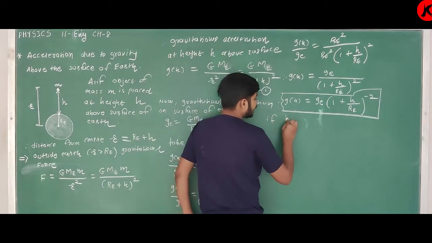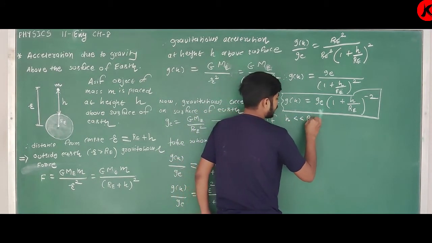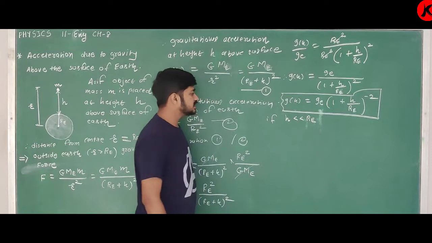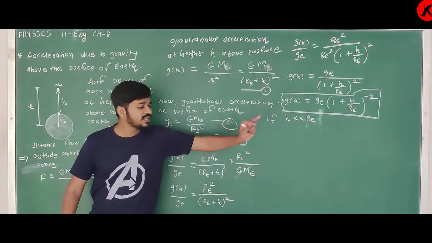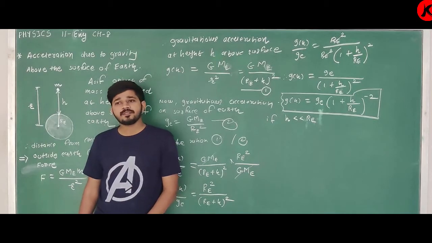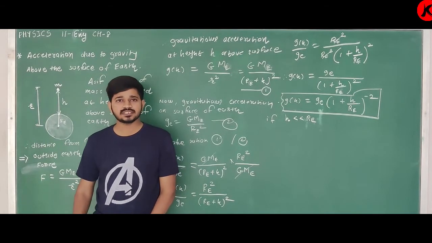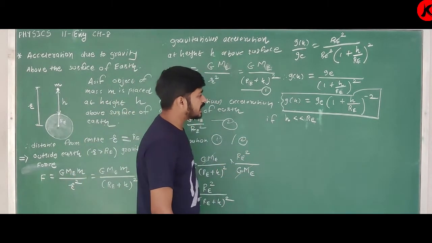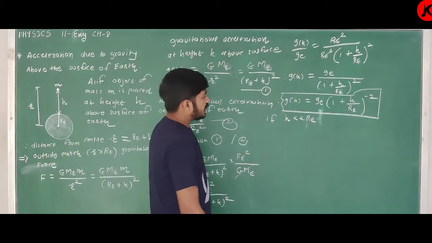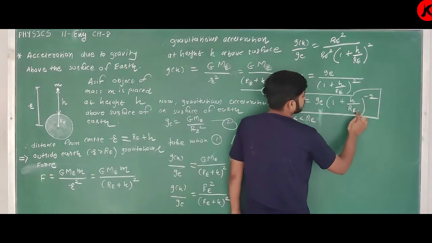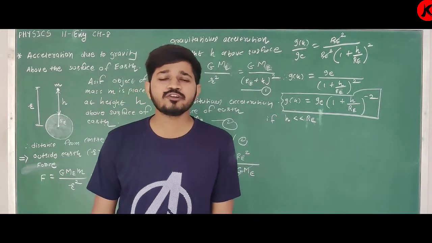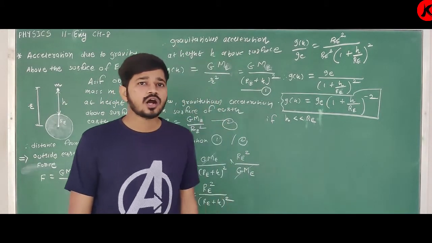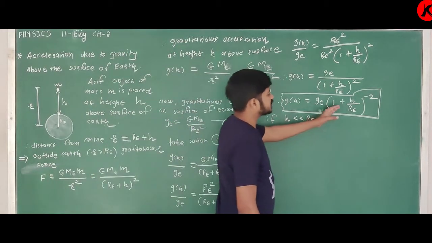If h is very less than R_E, then what happens? See, if h is very less than R_E, this 1 plus h upon R_E raised to minus 2 is a binomial expansion. So how to solve this binomial expansion?